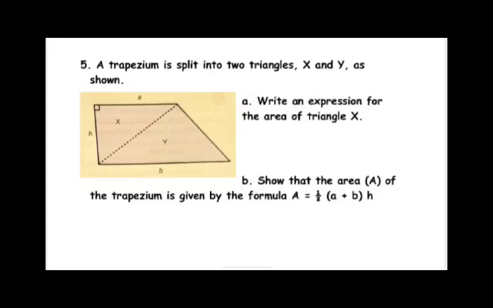Our next question reads as: a trapezium is split into two triangles x and y as shown. Write an expression for the area of triangle x. So for the area, what is the formula of area of triangle? Area of triangle is equal to half into base into height.